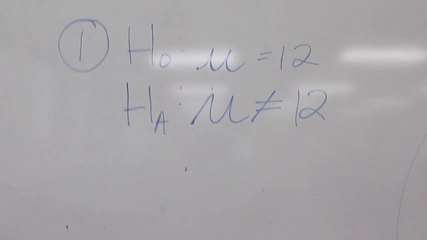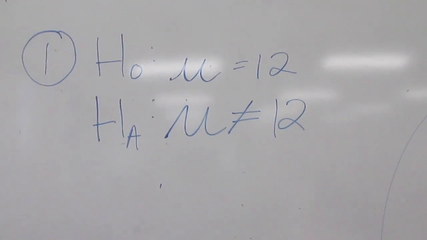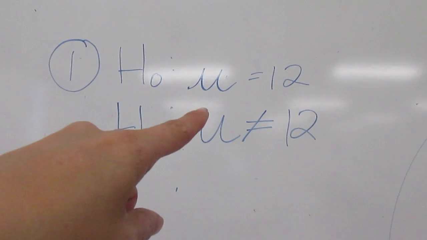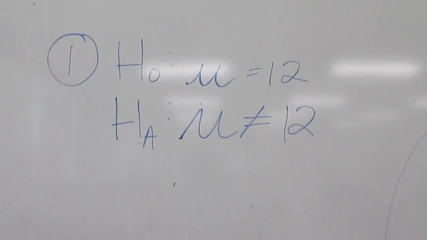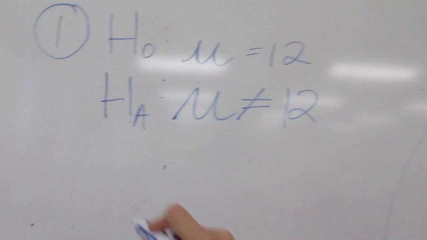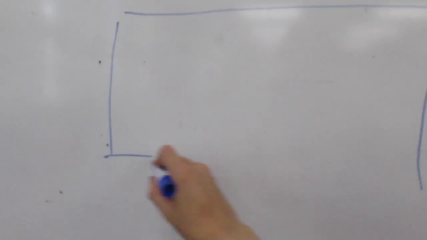All right, so what does it mean that we're going to test out this null hypothesis? Well, this means that we are going to test out the idea that our sample came from this population and it was drawn randomly from it, right? Remember our null hypothesis drawing? Here, let me move the camera down.